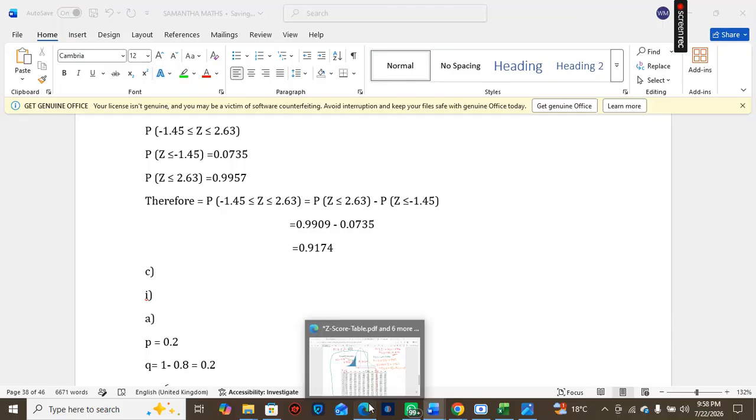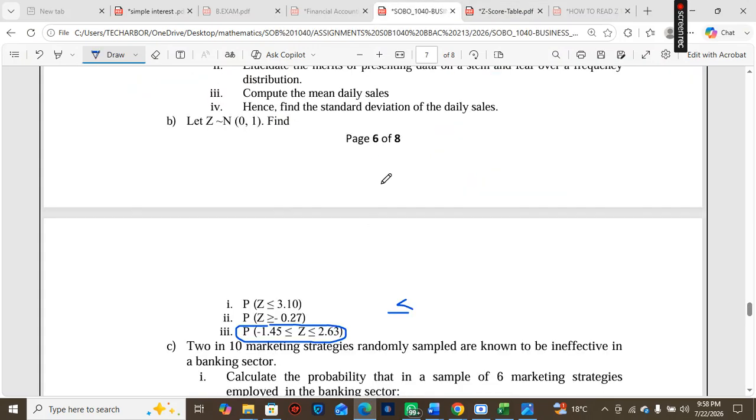When the question comes like this, just remember, if both signs are pointing to the left, get the area to the left for both values and subtract them, the bigger value first minus the smaller value. So these are the three main scenarios they can bring for you.